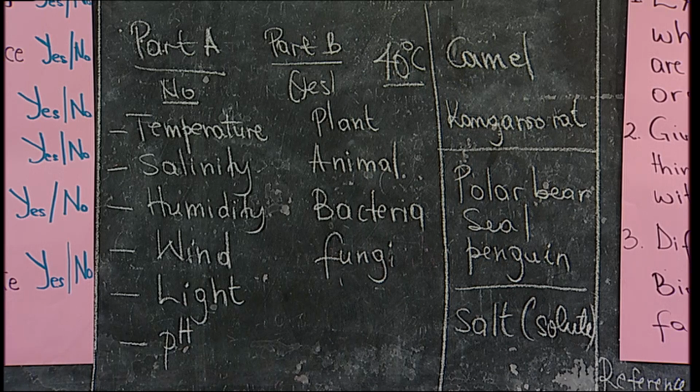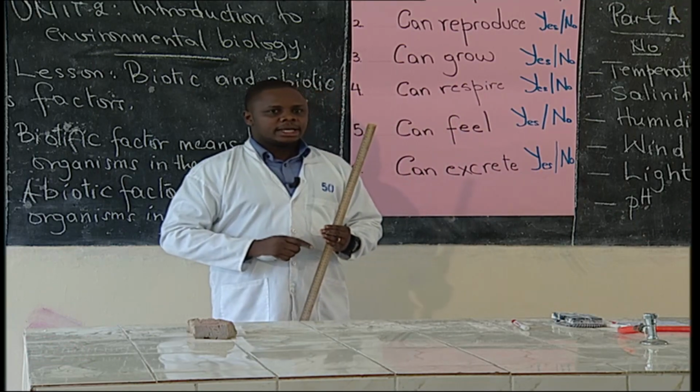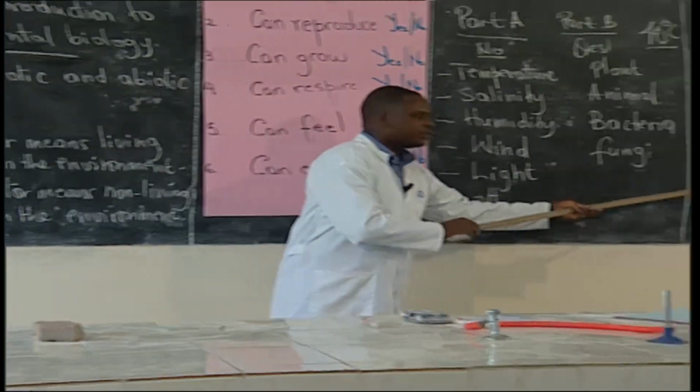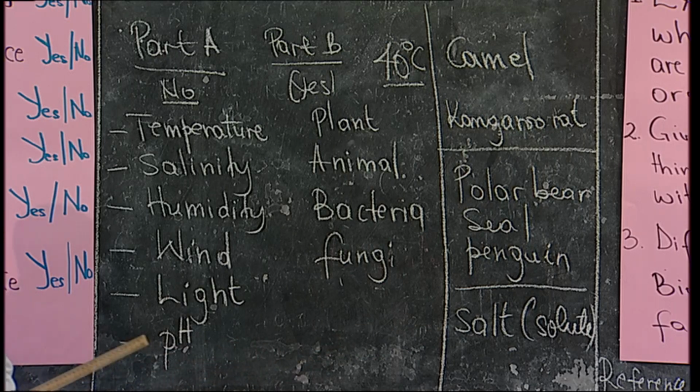Then, we also have other animals which live in fresh water bodies. There is no high solute concentration. Salt is less. And we have animals which are adapted to live there.